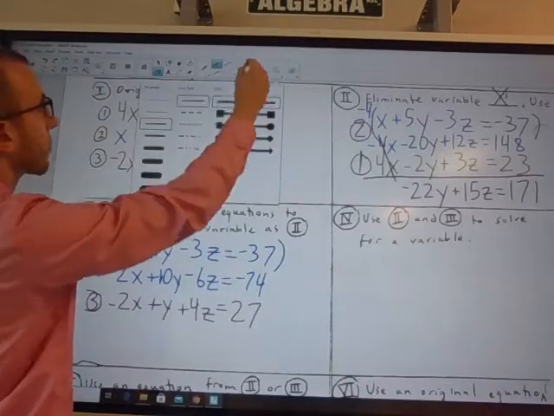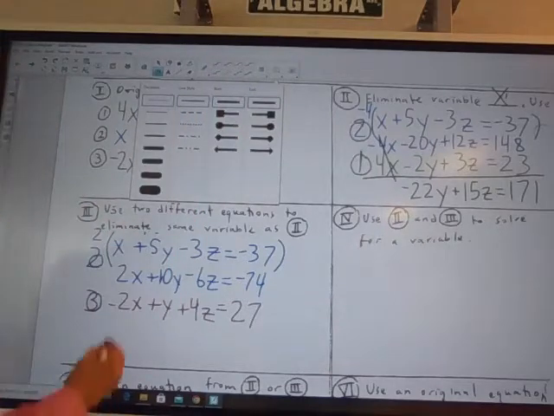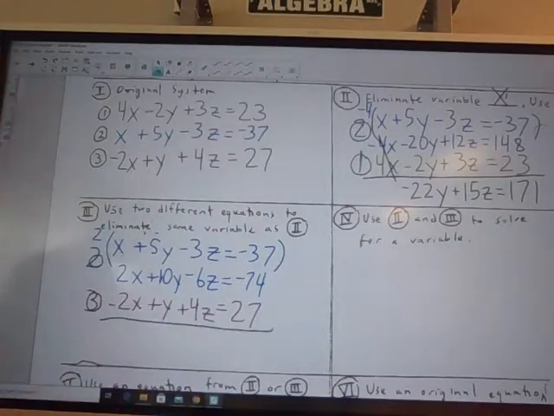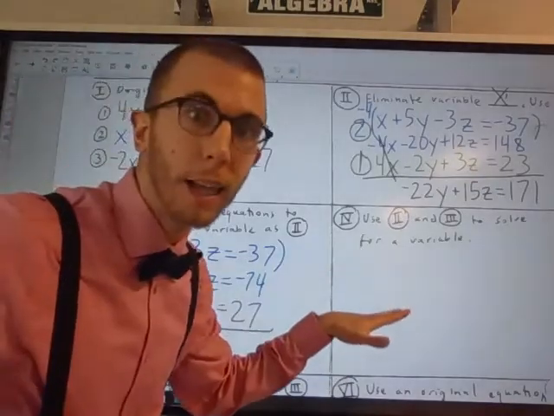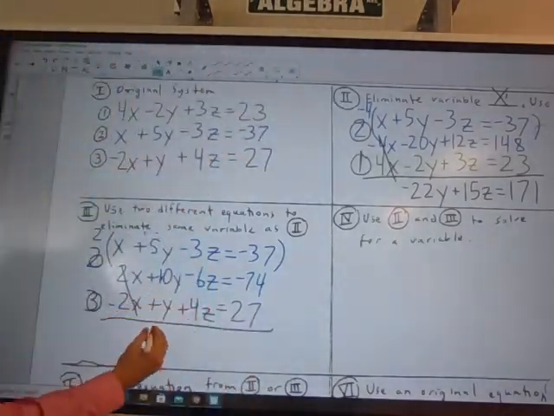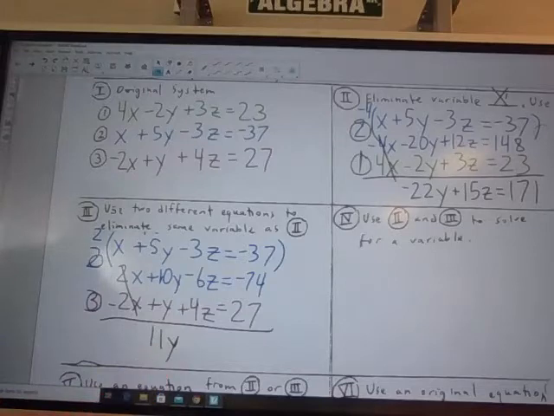Okay, so far so good. Now we add these equations together because that's a mathematically legal move. 2x minus 2x is 0. X eliminated. 10y plus y is 11y.